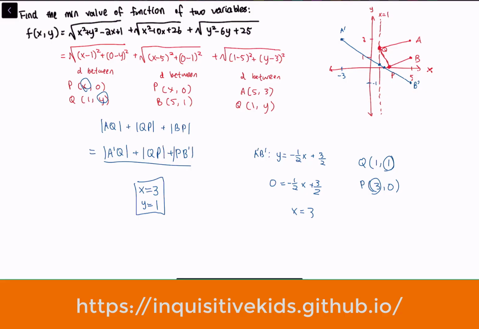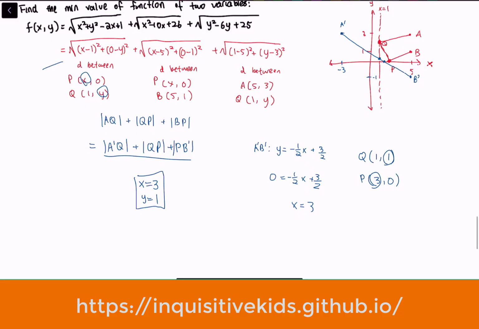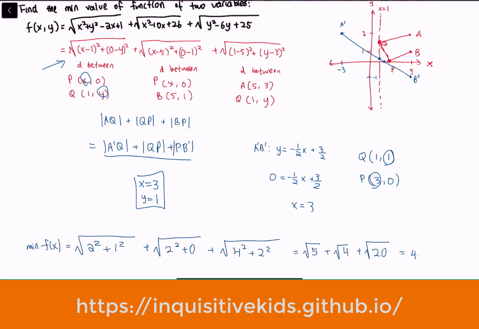Now we just have to substitute these values back into our function. So let's substitute it in here. We're left with the minimum value of f of x, y, is equal to 4 times the square root of 5. So this is our answer.